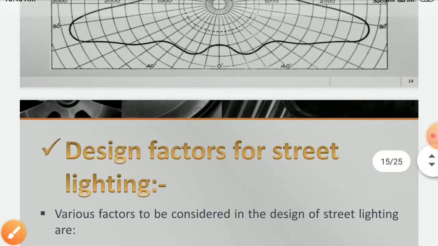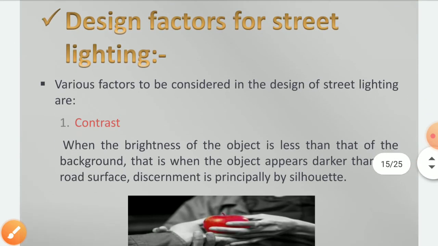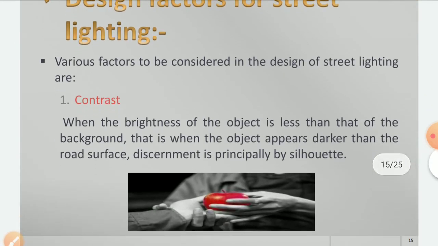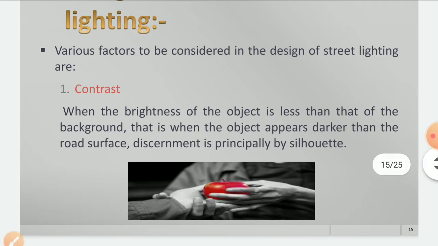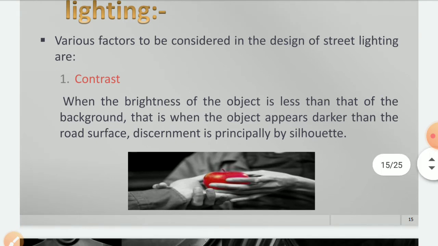Then the design factors of street lighting: various factors are considered while designing the street lighting scheme. One such is contrast, when the brightness of the object is less than that of the background. That is when the object appears darker than the road surface.